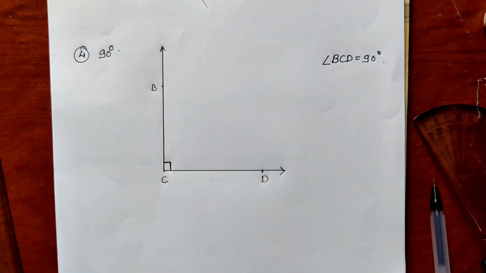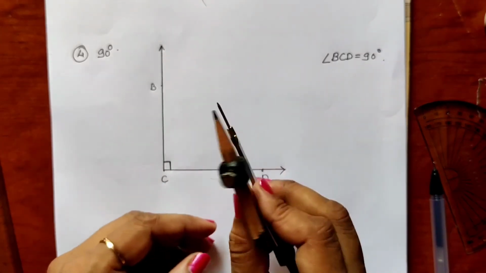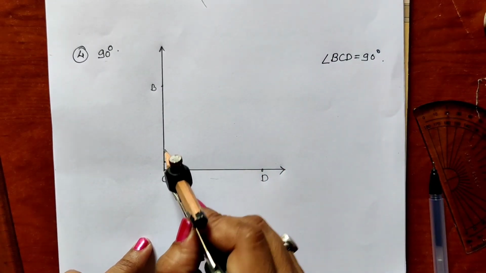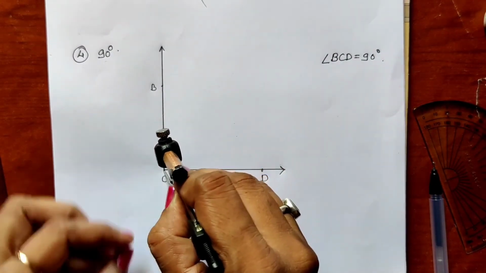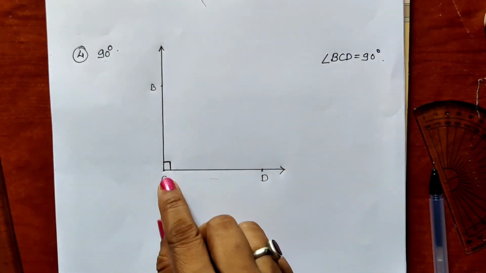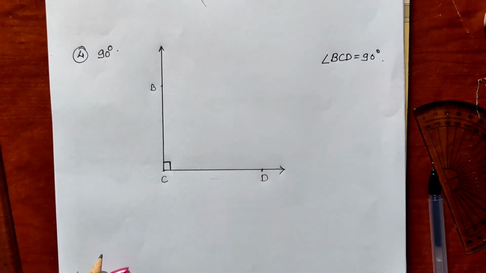Now we will have to bisect this angle. What should be done? We have to take a certain distance in our compass. Place this point on vertex C. Same procedure we will have to follow, and then we will draw an arc which cuts this ray CB in one point and ray CD in the other point.